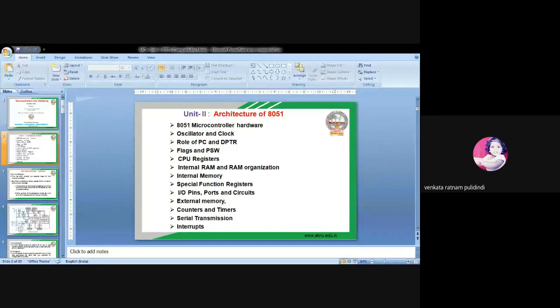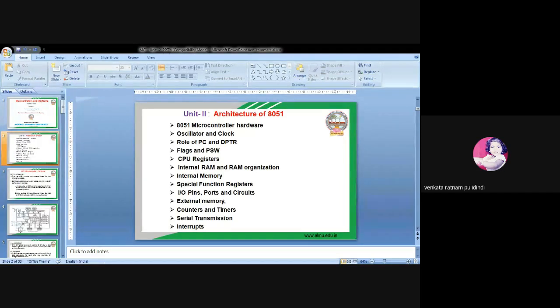What is the RAM? What is the ROM? How they can organize it, and what are the address locations of RAM and ROM? And at the same time, we discuss about the internal memory.